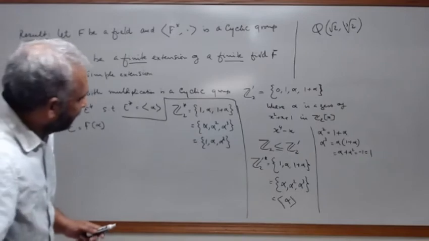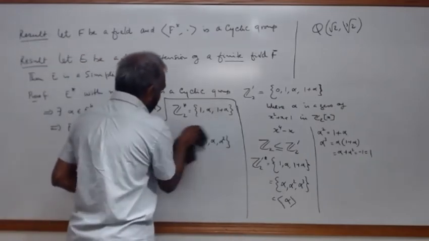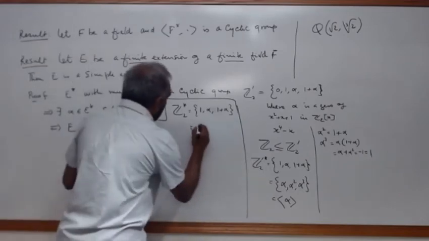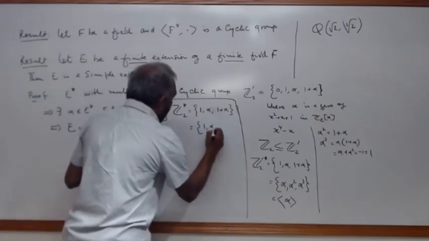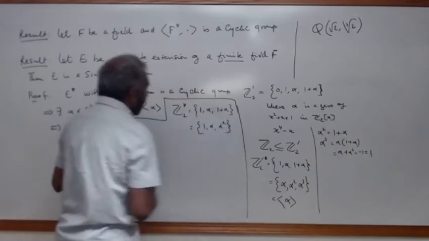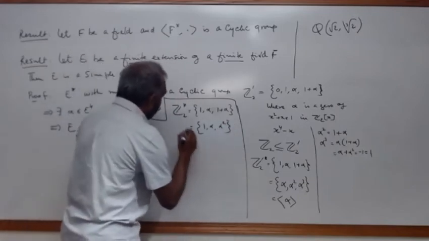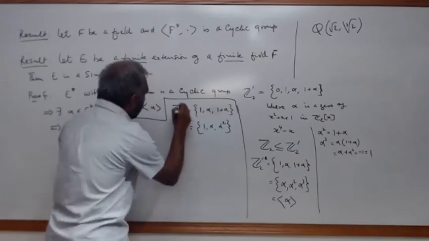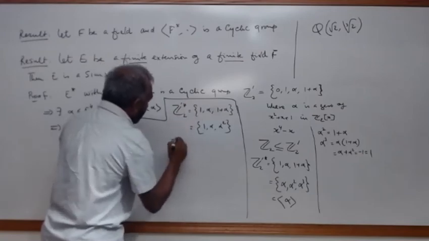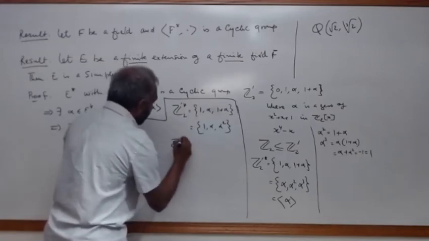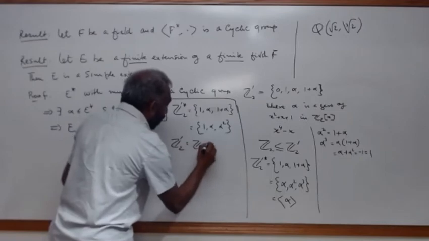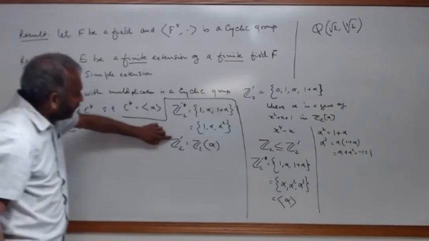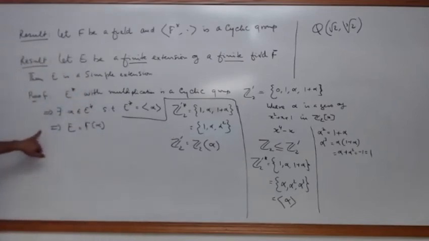Let us take the third representation, because we need a 1 already there. So leave it as 1, alpha, alpha square. And this is a simple extension of Z2.